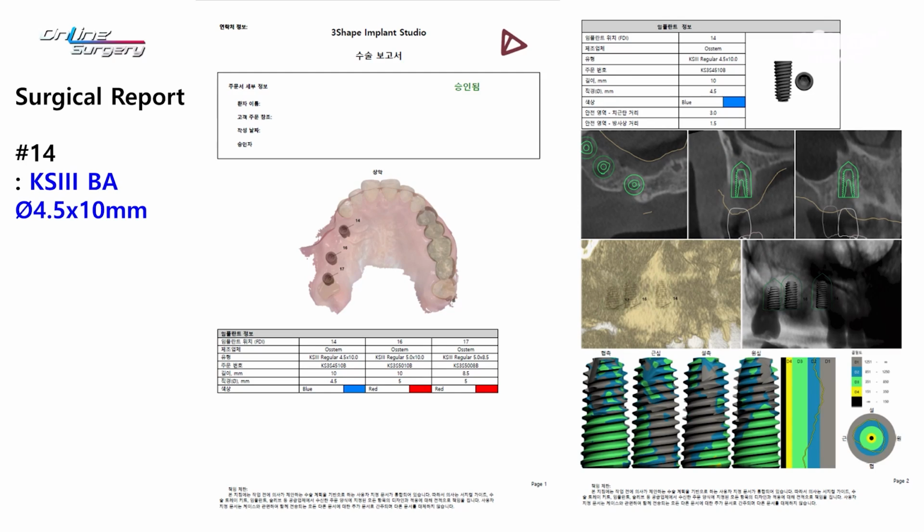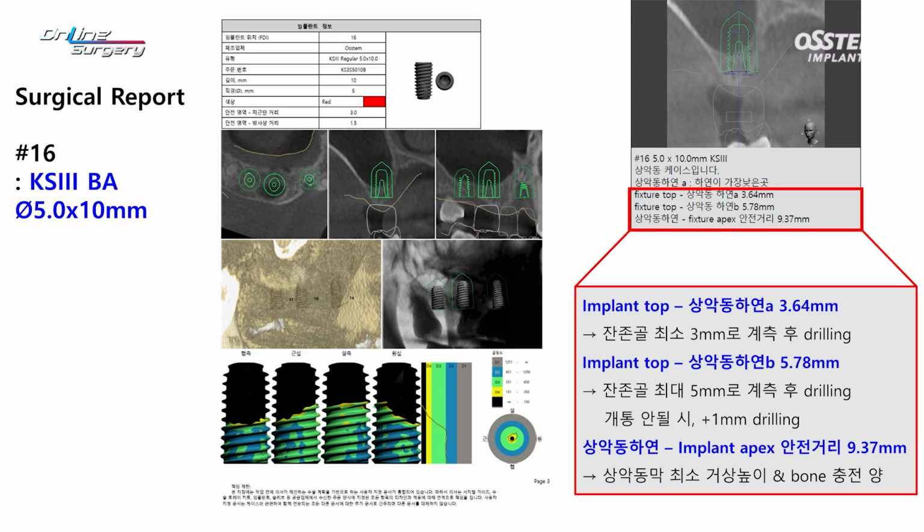In number 14, KS3 BA surface 4.5 by 10 mm implant was planned, and GBR was anticipated due to buccal bone defect. In number 16, KS3 BA 5.0 by 10 mm implant was planned on CT after evaluating the situation.